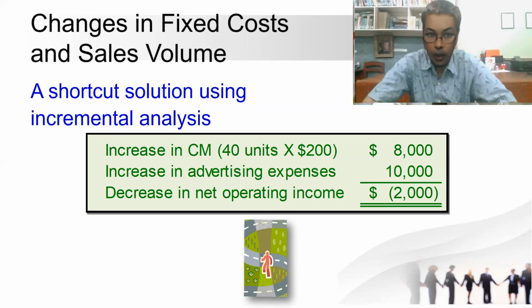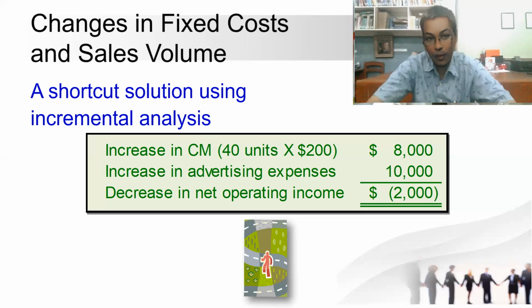Then increase in advertising expense, 10,000. Therefore, a decrease in operating income. We have a decrease in our income amounting to 2,000 because the expense is greater than the sales.